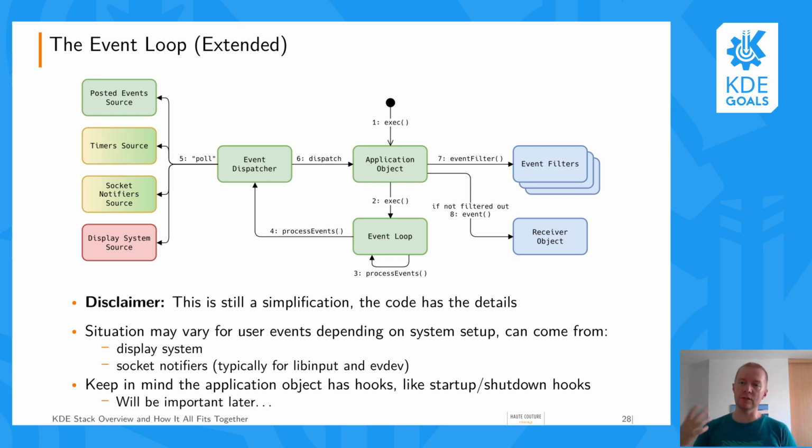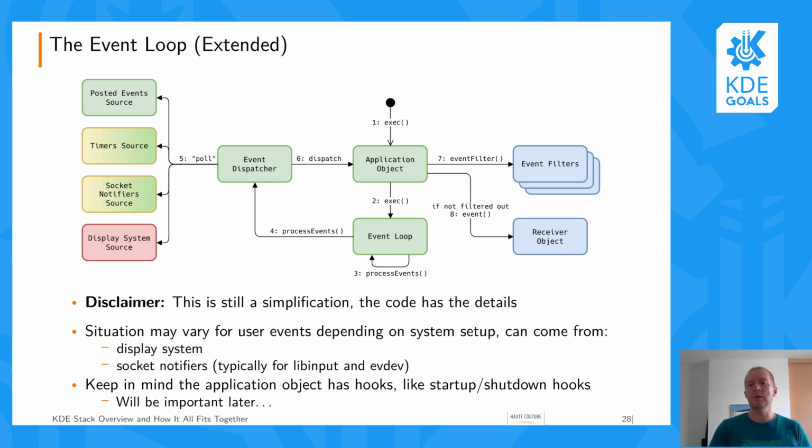If you post something yourself from your application code, it's coming from this source. That can be coming from a timer which fired off, okay? And timers can be implemented in the system or they can be implemented straight in Qt. That can be from a socket notifier. And so that can be, again, something coming from the system or an implementation in Qt itself.